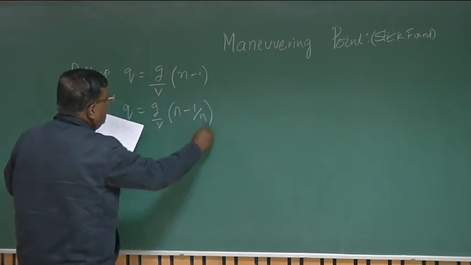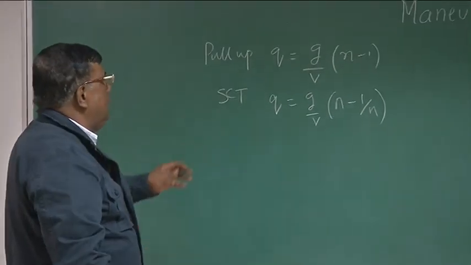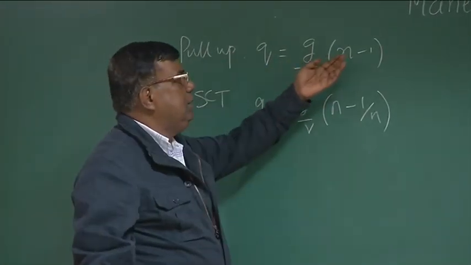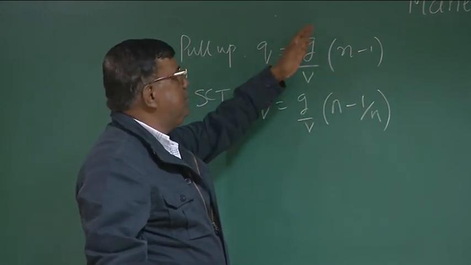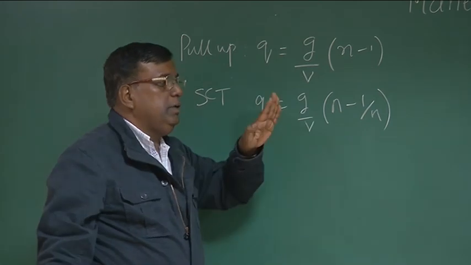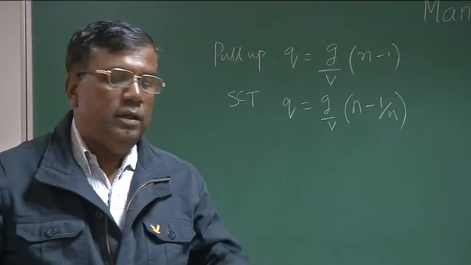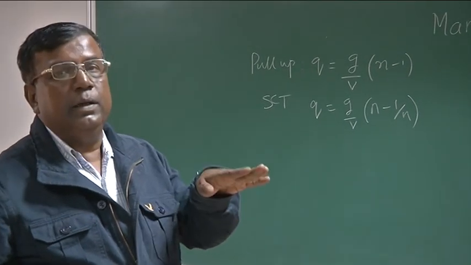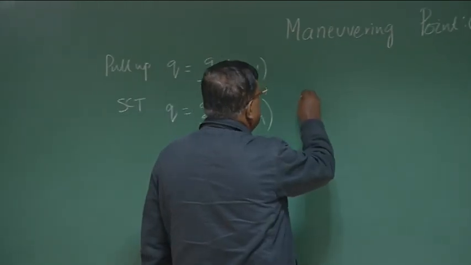What is n? N is the load factor, and you could see that if I want to have a pull-up with a given load factor n at a given velocity V, then this expression tells you how much pitch rate you need to generate. And how to generate that pitch rate? You generate through elevator movement. And how is this pull-up maneuver done?